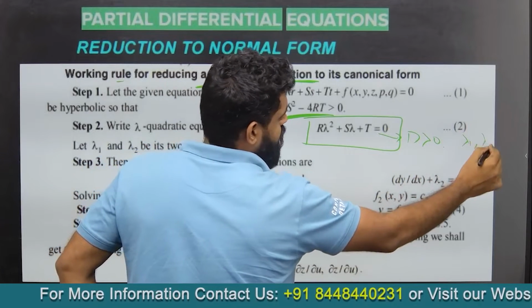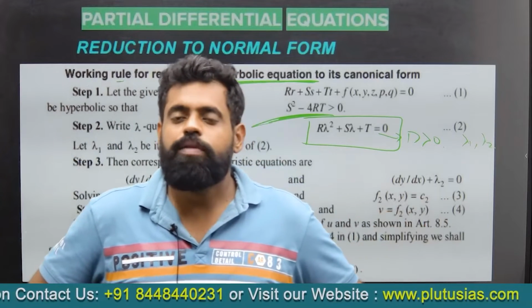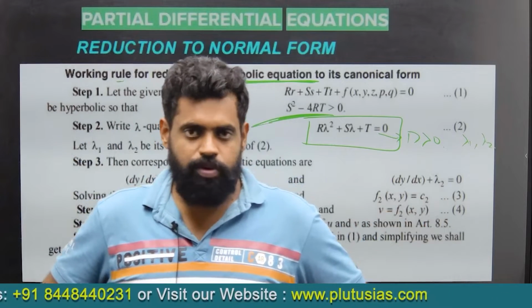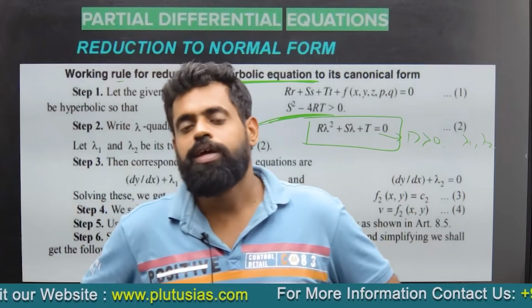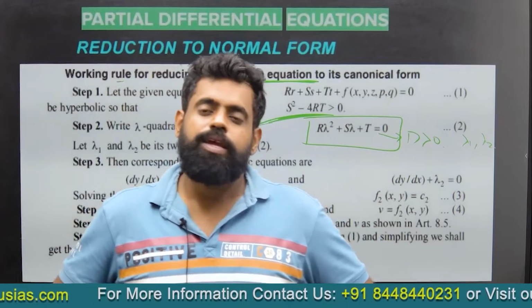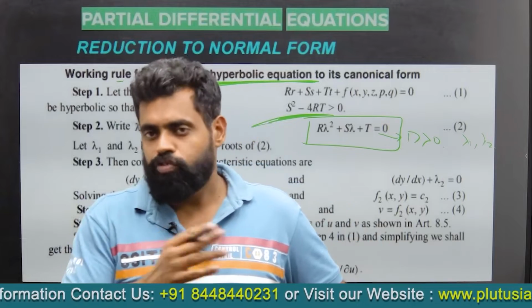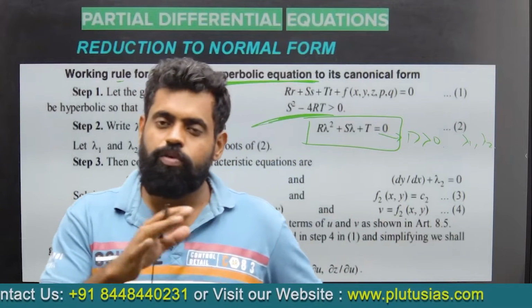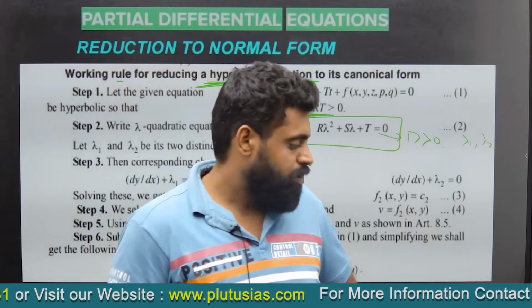If the discriminant is greater than 0, we get two real roots; if the discriminant is 0, that is the parabolic case, we get two equal values of lambda; and in the case of ellipse the discriminant is less than 0, so we get complex conjugates of the form alpha plus i beta and alpha minus i beta.